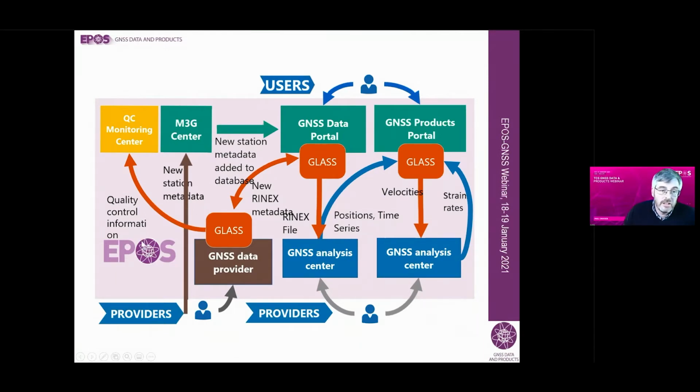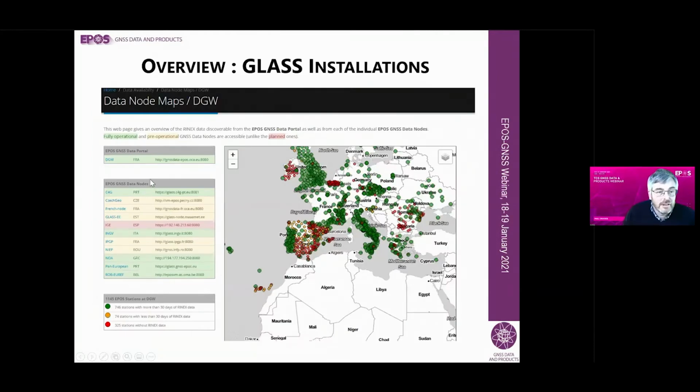Okay. So these are the current installations of the Glass software at these data nodes. We have the data gateway, the principal user gateway for accessing RINEX file metadata, obtaining URLs, obtaining station metadata, etc. These are a list of the individual nodes that are currently installed.